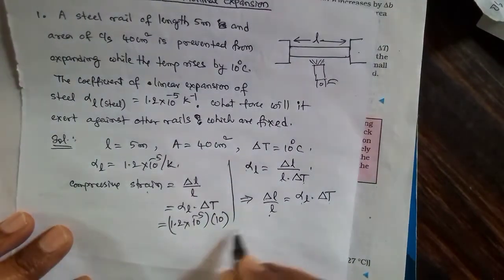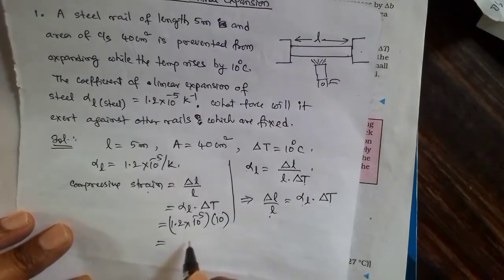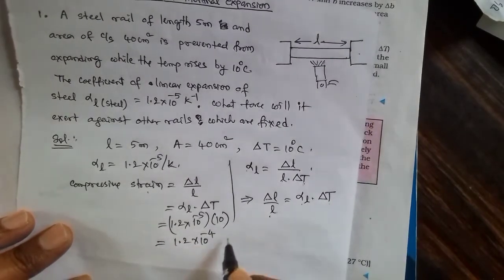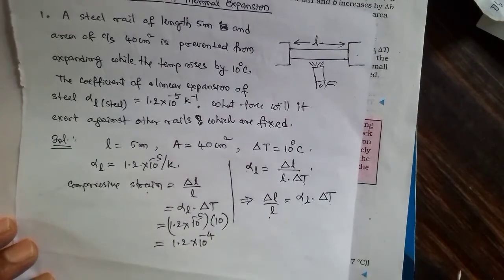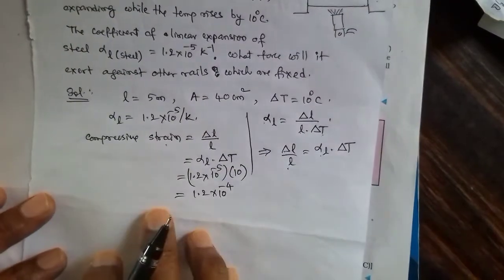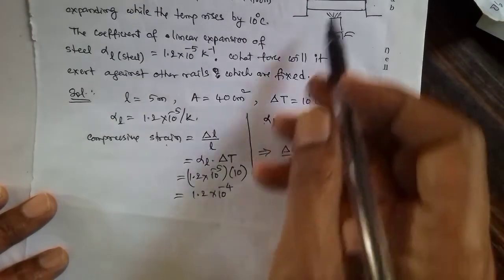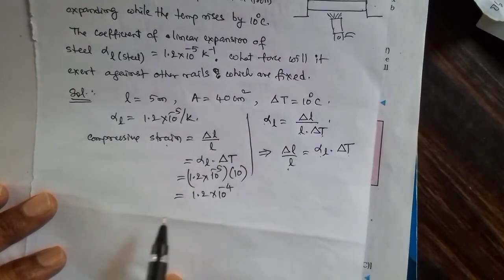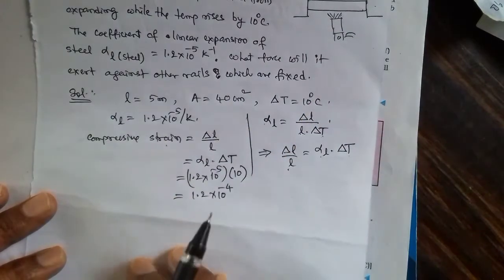So we get the answer 1.2 into 10 power minus 4. This is the compressive strain.